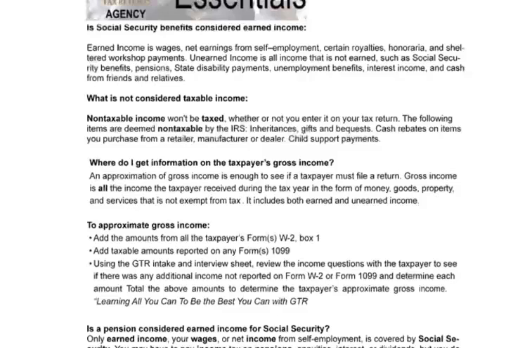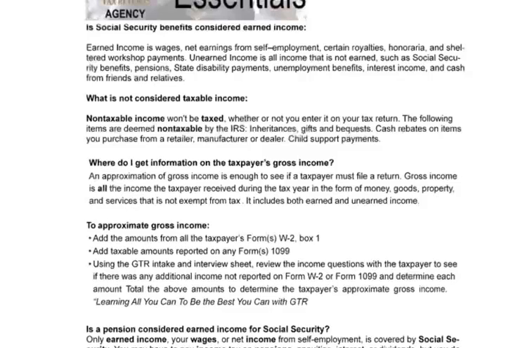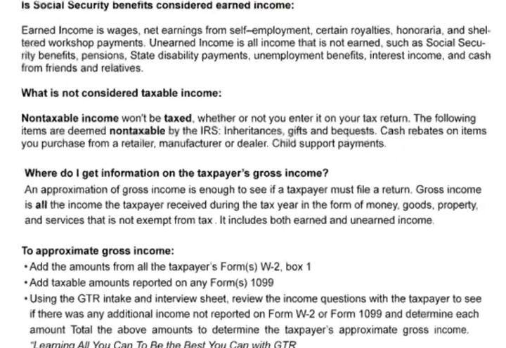Unearned income is all income that is not earned, such as Social Security benefits, pensions, state disability payments, unemployment benefits, interest income, and cash from friends and relatives. So yes, Social Security benefits are considered earned income. No, they're not. Pensions and the like, unemployment compensation, disability payments, no, they're not earned income.